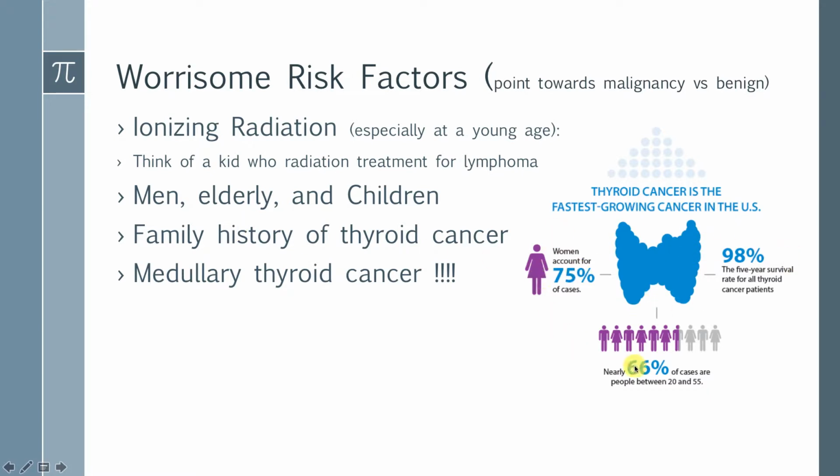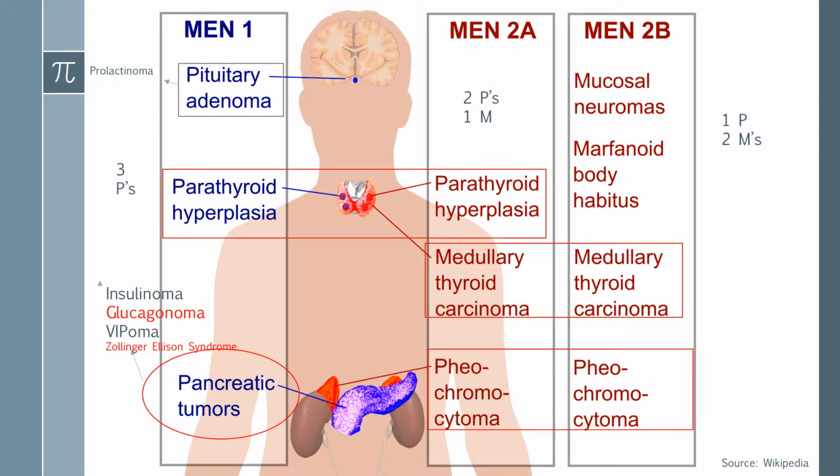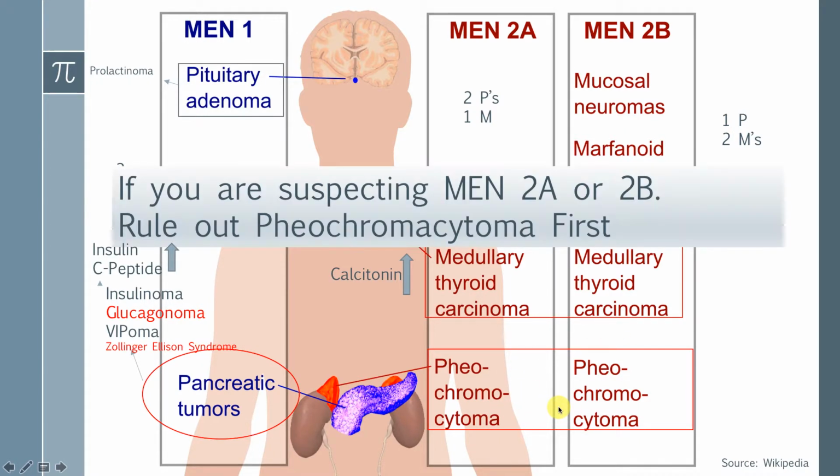But in this population here, they have a 98% survival rate, right? But these guys are at a little higher risk, so they will have a worse survival rate or highly worrisome disease. Now, medullary thyroid cancer, remember the MENs, right? MEN 2A and 2B, you'll have medullary thyroid cancer. But since medullary thyroid cancer in 2A and 2B coincides with pheochromocytoma, you want to worry about pheochromocytoma first.